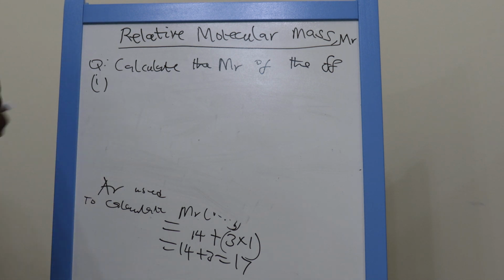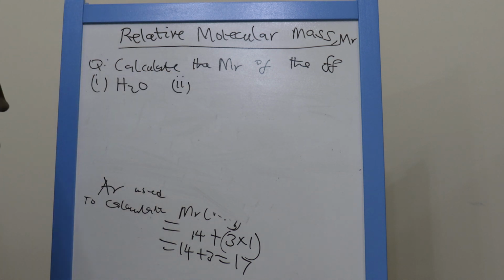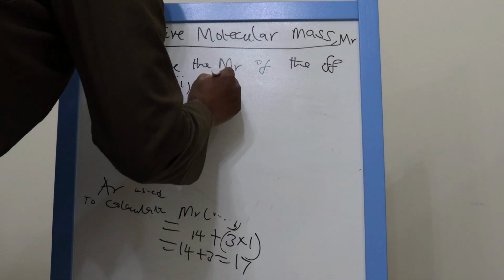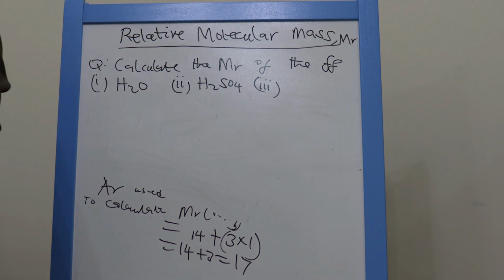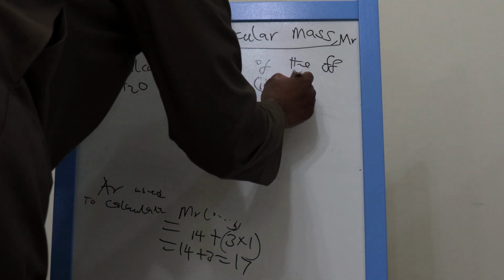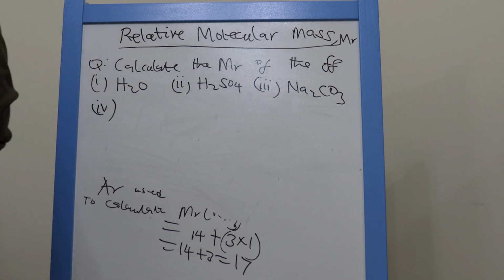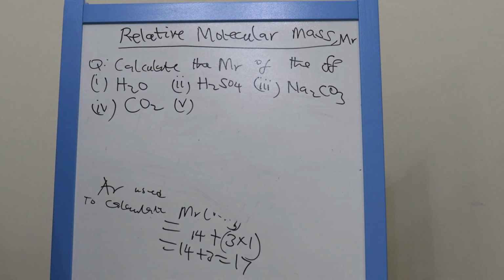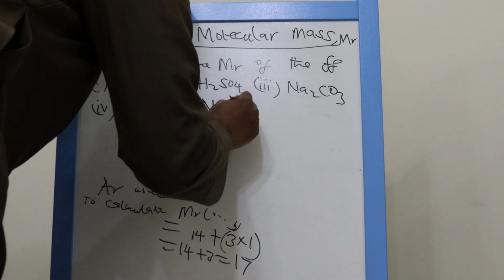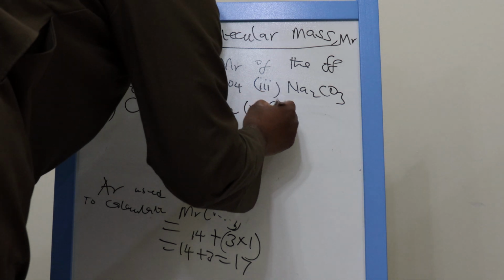I, we have H2O; II, we have H2SO4; III, we have Na2CO3; then we have CO2; then we have NO2; and then we have C6H12O6.